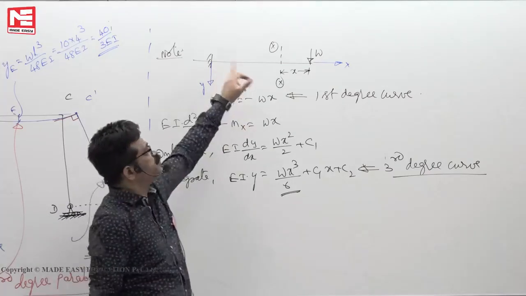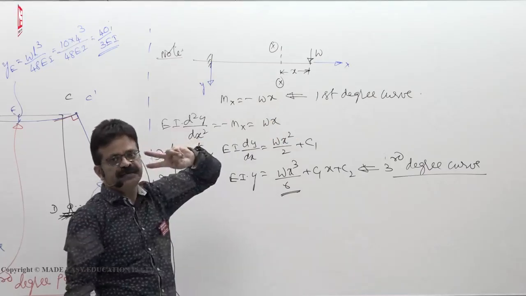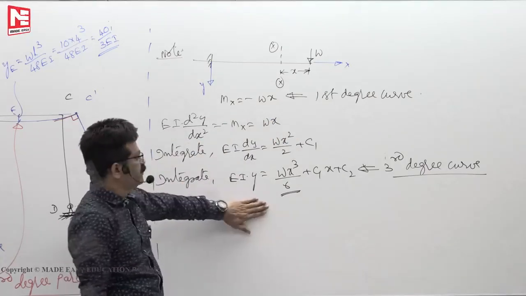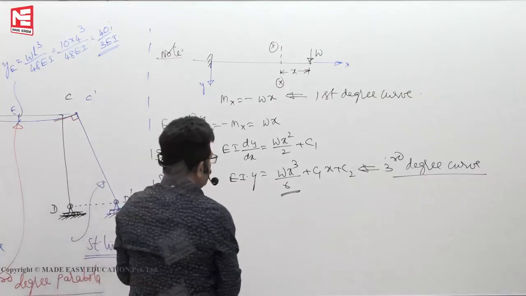If a UDL is there, suppose, the bending moment means Wx squared by 2, a second degree curve. Then add 2 more degrees, and you will get the deflection curve degree. Okay.